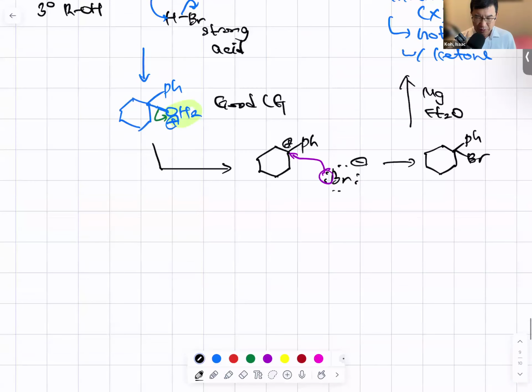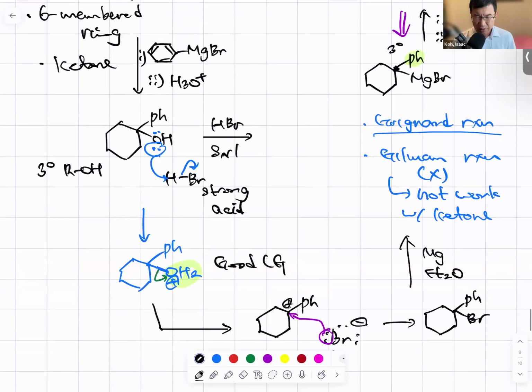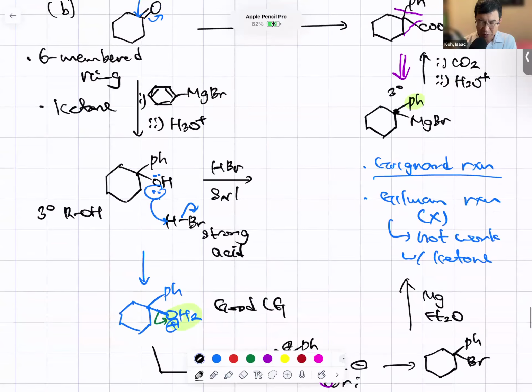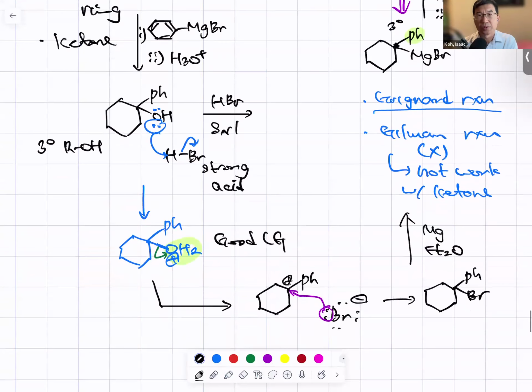So today we saw synthetic strategies in combination with many of the methods we have learned in organic chemistry 1. Also, we have learned in OChem 2. We are putting the pieces together, making it into a big picture. And I recommend you take a blank paper always and then try it a couple of times more to gain more experience.